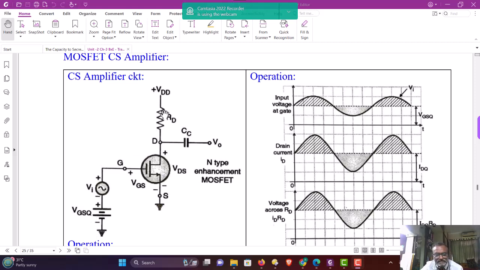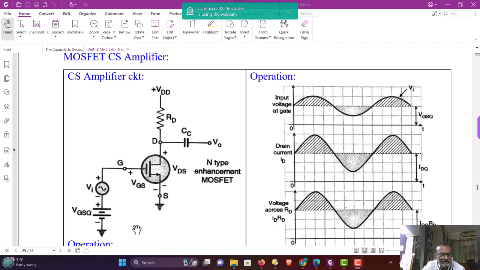Whereas in practice, a single DC source can be used to get the amplifier circuit, and therefore some additional biasing components can be present in the circuit, which eliminates altogether the need of the VGSQ power supply. This bias level VGSQ can be derived from VDD itself. And accordingly, there are various biasing schemes that we will see further.